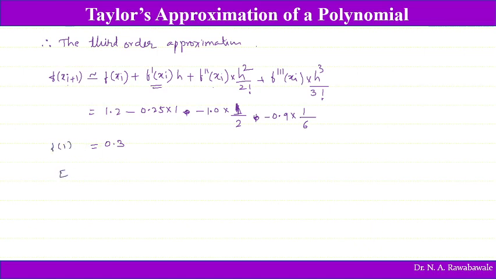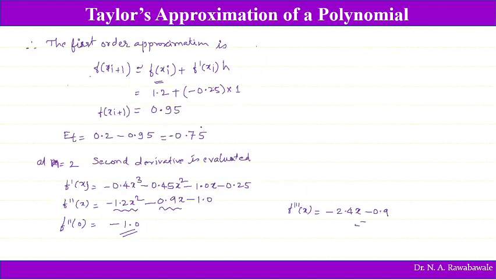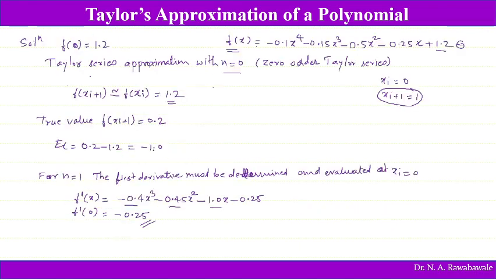Now true error is equal to 0.2 is true value and approximate value which we obtained is 0.3, so error is minus 0.1. So if you see, at every stage this error is going to get reduced. Earlier error was minus 0.25, prior to that error was minus 0.75, prior to that error was minus 1.